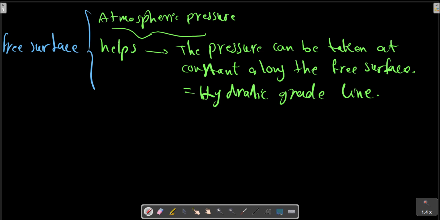Unlike flow in closed ducts, the pressure gradient is not a direct factor in open channel flow, where the balance of force is confined to gravity and friction.